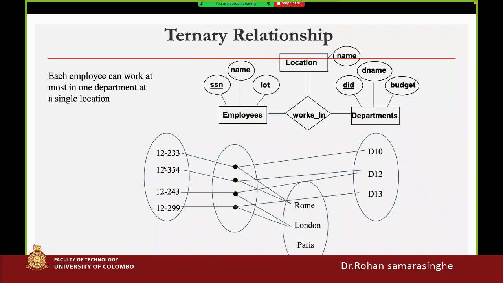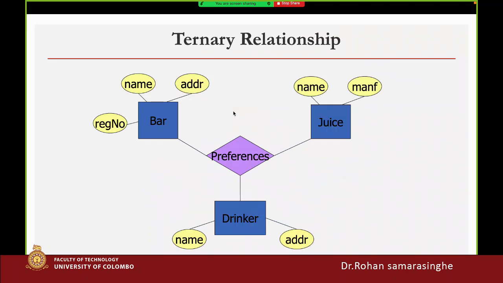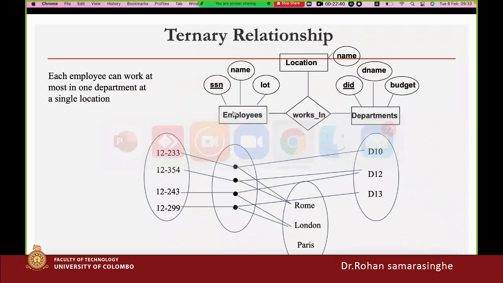These are the employee numbers, employee names, the location, which is Rome, London or Paris, and the department. That means an employee working in the Rome office works in the finance department.